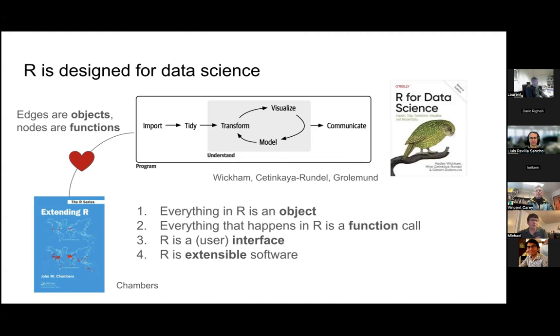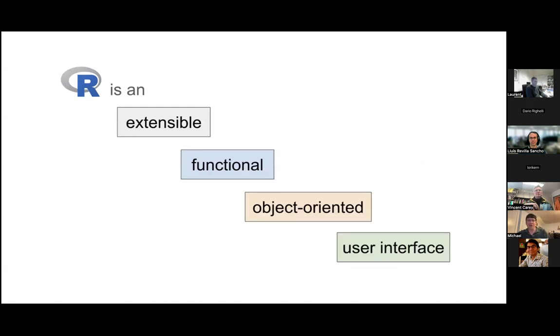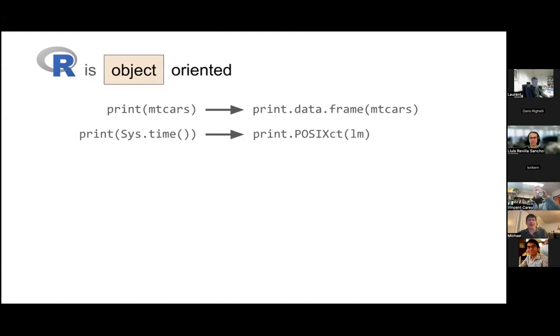And R is also, as in the title of this book, very extensible, and the object orientation is key to enabling that extensibility. Okay, so you could say that R is an extensible, functional, object-oriented user interface. And I'll try to refer back to these concepts.